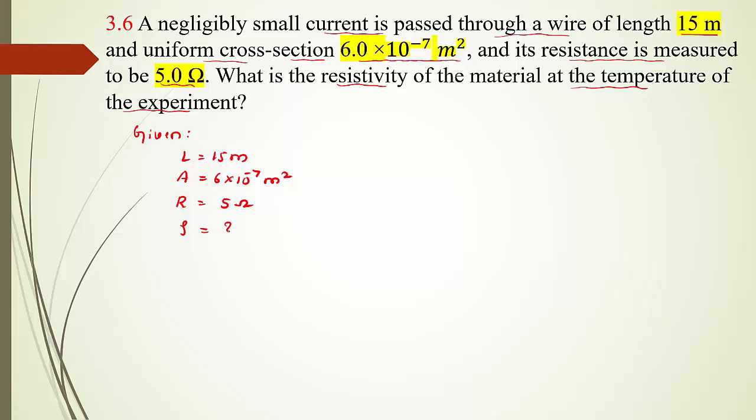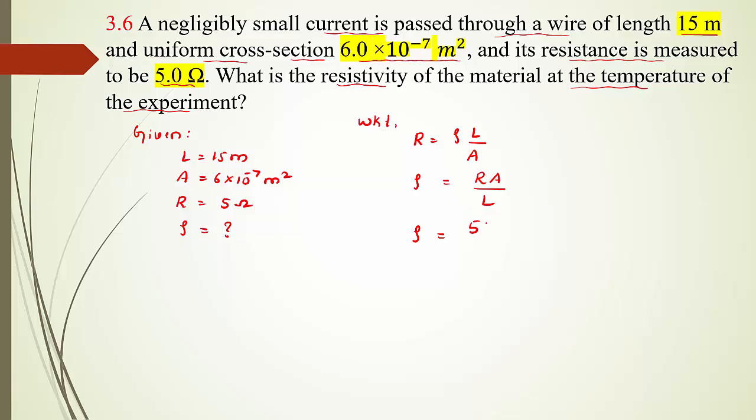Resistivity is denoted by the symbol rho. Yes, we know that R equal to rho into L divided by A. We want rho value, that is resistivity, rho equal to R A divided by L. Everything is given, substitute the value, you will get resistivity of material of the wire.